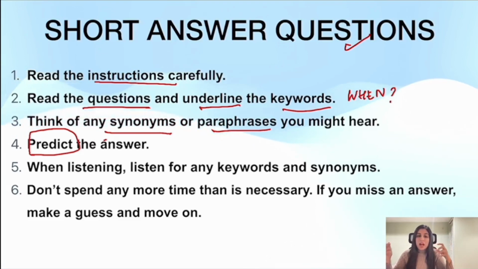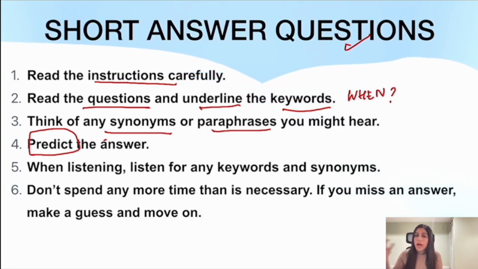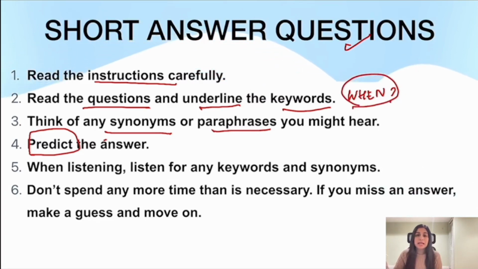However, predicting the answer is more logical, in the sense you read the question and you make out what the question is asking. For example, if the question is asking, when did blah blah blah happen? If the question has when in it, it would basically mean that the answer could be a date or time. So it happened on 10th January 2023, or it could be time, like it happened at 7 p.m. So you are predicting the answer.